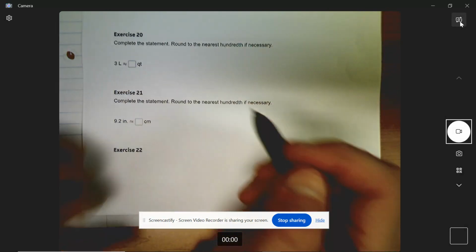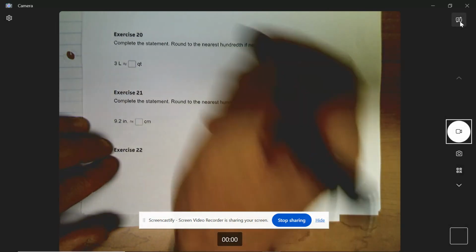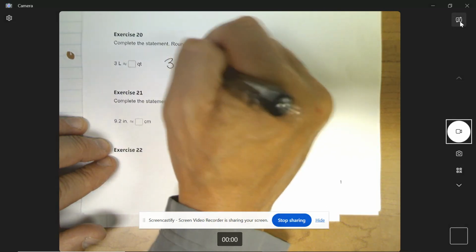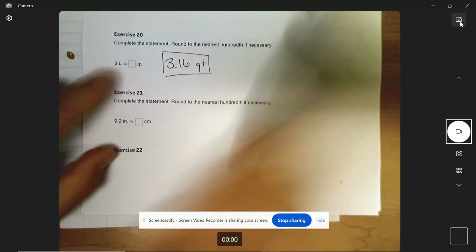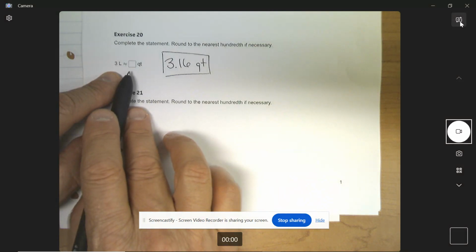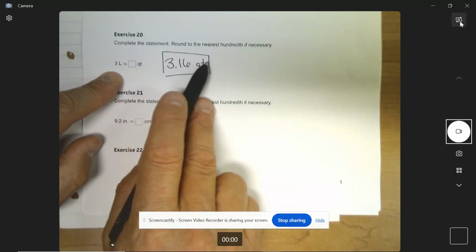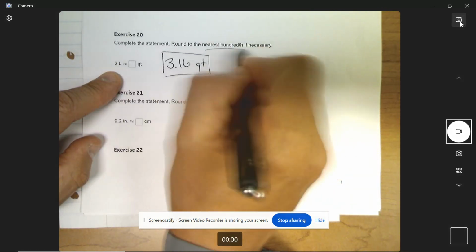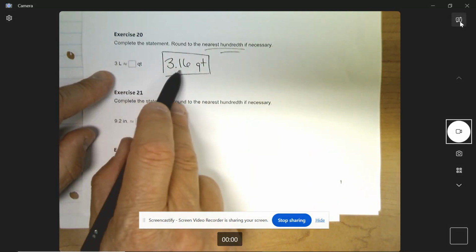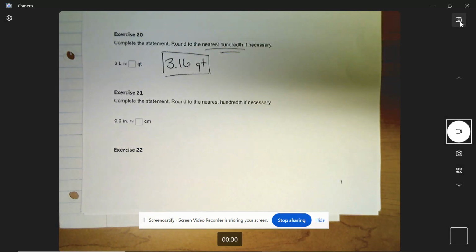It's a little over 3. Okay, so guys, a quart is just a little bit bigger than a liter. So the answer here is 3.16.